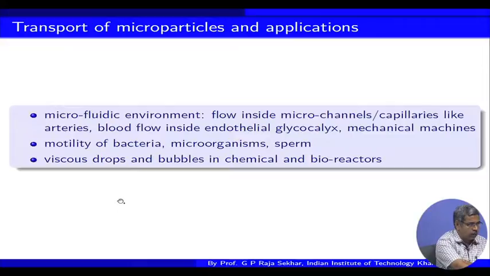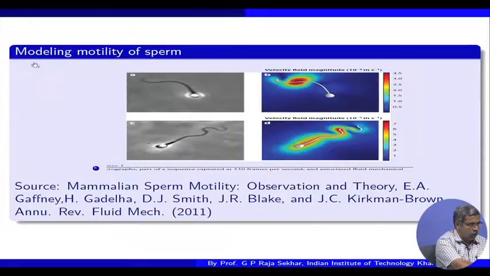One application that I would like to bring to your notice is modeling motility of sperm. The group of John Blake and D.J. Smith has contributed a lot. This is an experiment and this is the simulation.